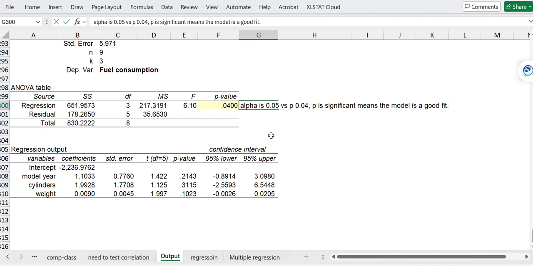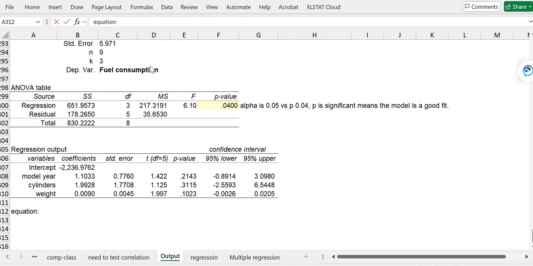If the value is more than 0.05, then it is not a good fit. Our equation cannot explain the fuel changes correctly. That's the meaning. If it is less than 0.05, which is our significance level, then it's a good fit. It can explain how much, 65% accurate. You get that? Because your adjusted R squared is about 65%, changes are explained.